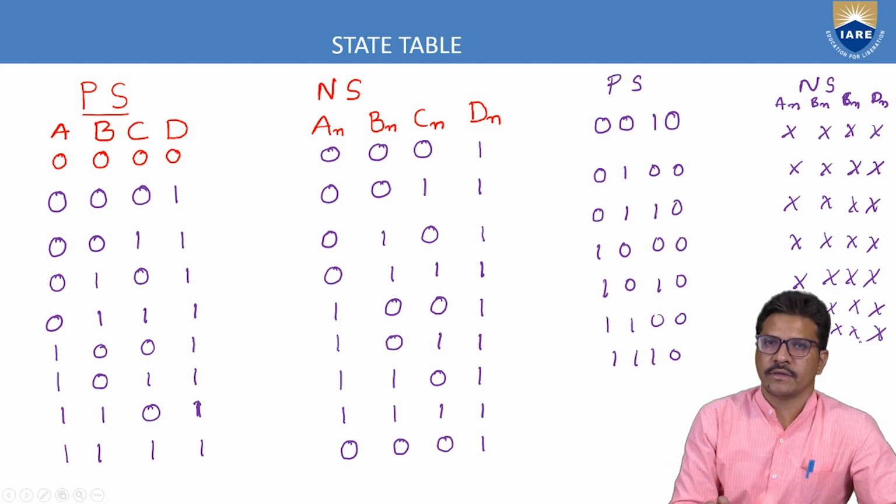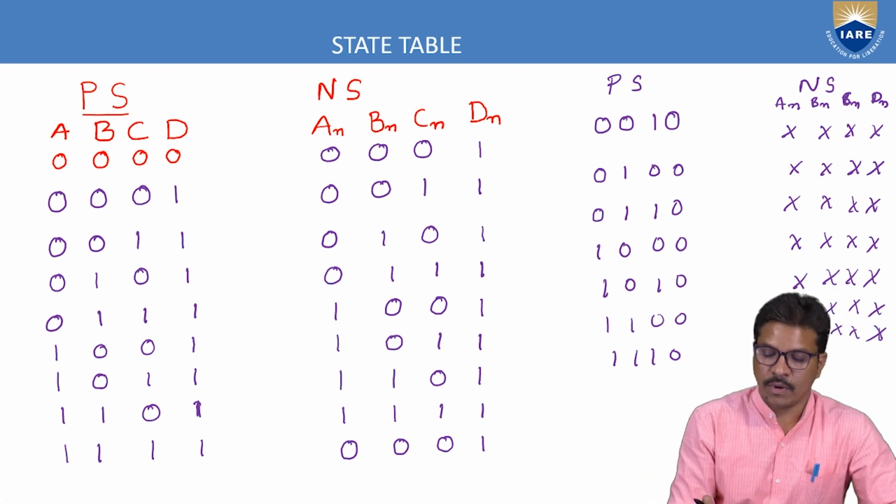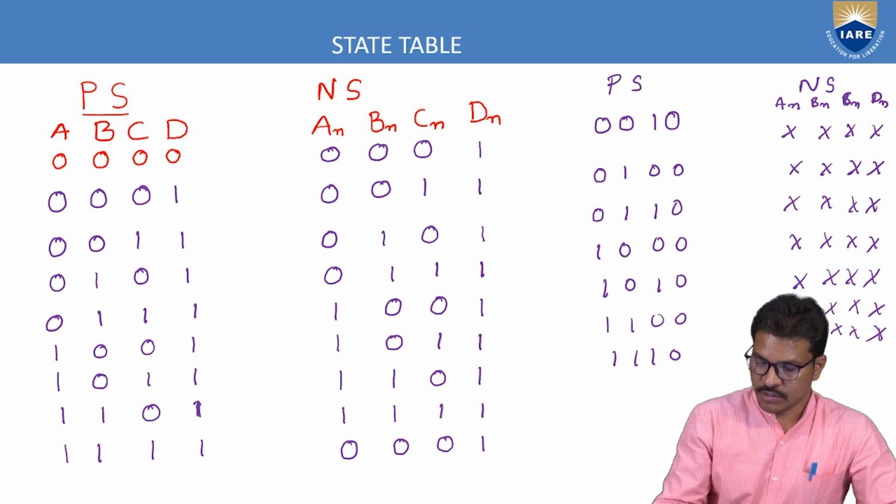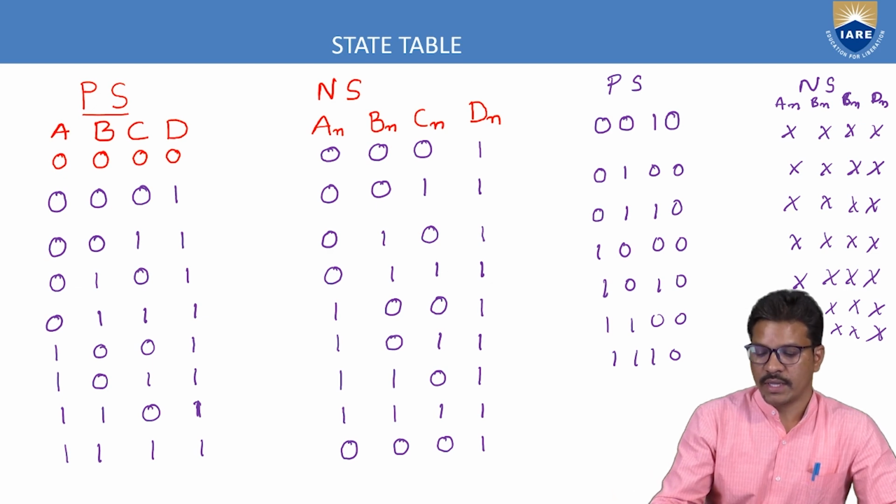So with the help of this state table, we can create the excitation table. In this case, reduction of the state table is not required. So we'll go to the excitation table.